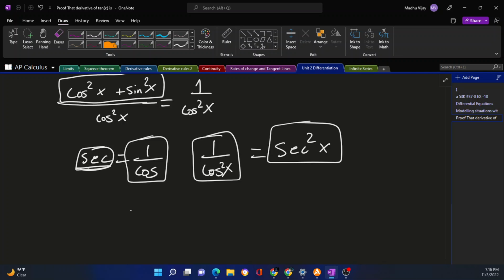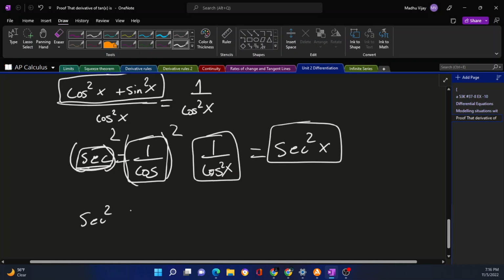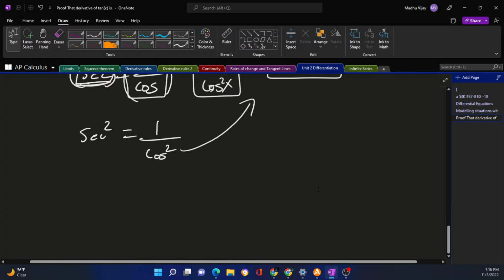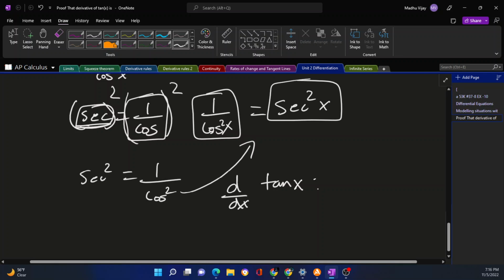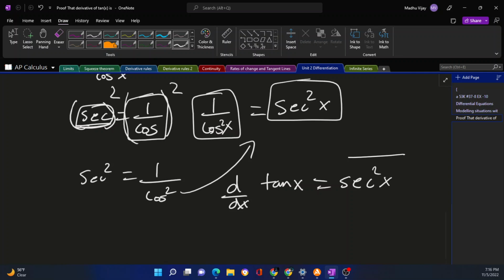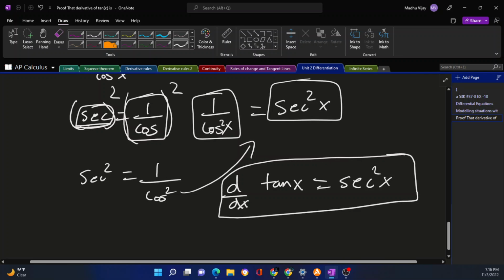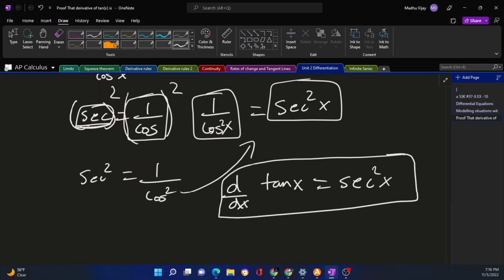The reason for that is if you square this side and you square this side, you get secant squared here, which is equal to 1 over cosine squared, which is just this. So given that, we know that the derivative of tangent x is equal to secant squared x. So that was just the proof of the derivative of tangent of x being equal to secant squared x.